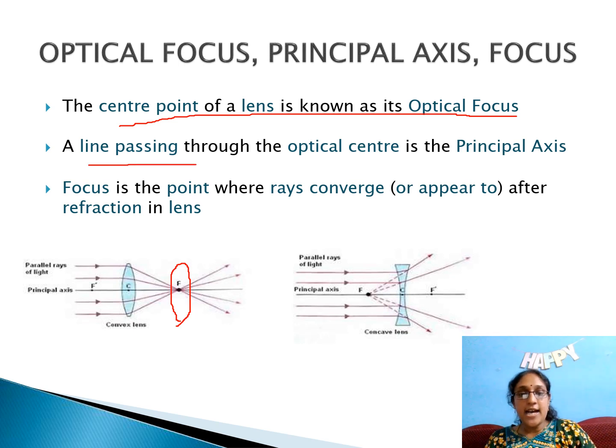And a line passing through this optical center is the principal axis. Can you see? The line passing through the optical center is called the principal axis.